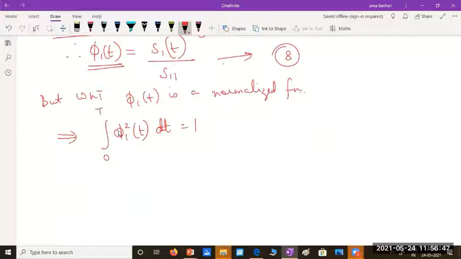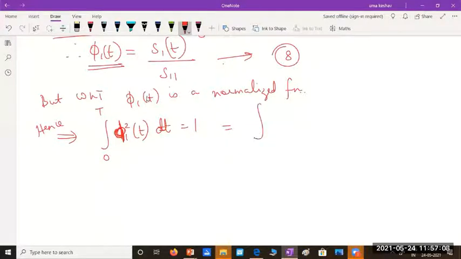Remember, if I find the energy in the signal phi 1, it should be 1. So hence the energy of phi 1, the integral of phi 1 square of t dt from 0 to T, is 1.